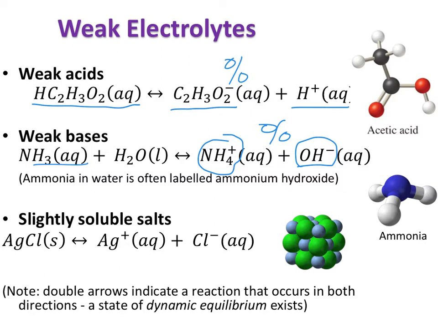Finally, slightly soluble salts, such as silver chloride, stay mostly in the crystalline lattice, with a small percentage existing as the silver cation and the chloride anion. Weak electrolytes are designated using a double arrow.